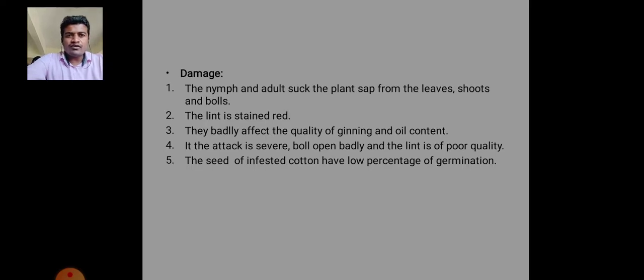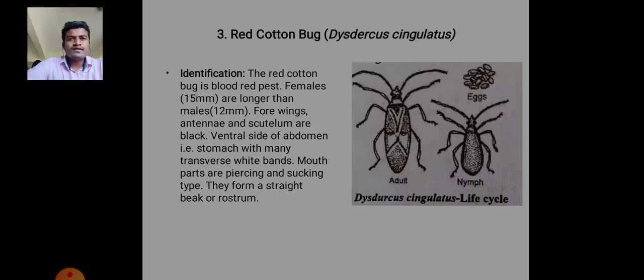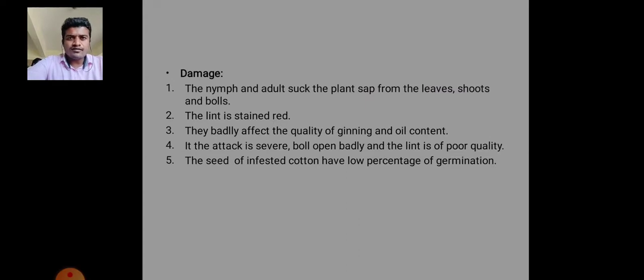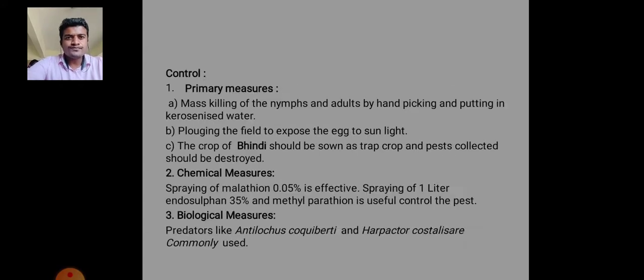They badly affect the quality of ginning and oil content once the cotton crop is attacked by the red cotton bug. If the attack is severe, cotton bolls open badly and the lint is of poor quality. The seeds of infested cotton have a low percentage of germination, and ultimately the market of the cotton crop is reduced due to the damage caused by the red cotton bug.